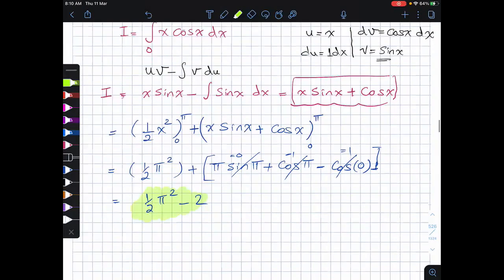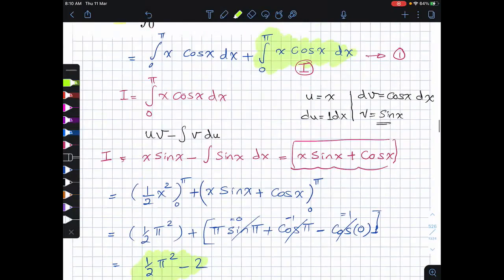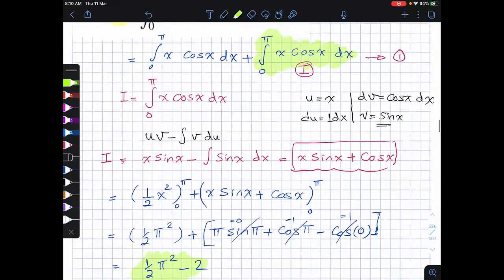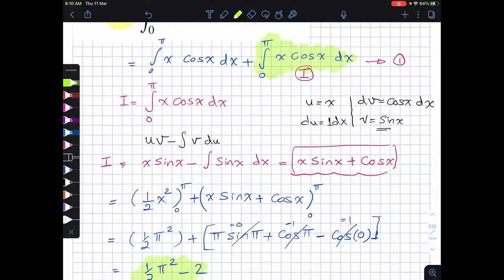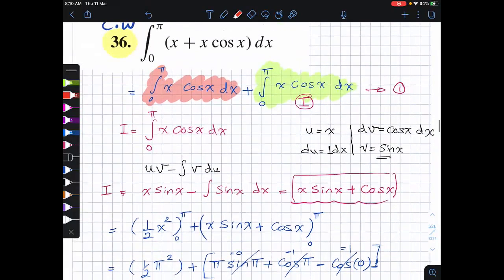Mister, sorry, but raise your voice, please. Mister, how did we get half x squared? Half x squared, Omar, is the integral of this part, because I divided my question into 2 parts. The first one is the integral from 0 to pi of x only, so there is no sine x here.